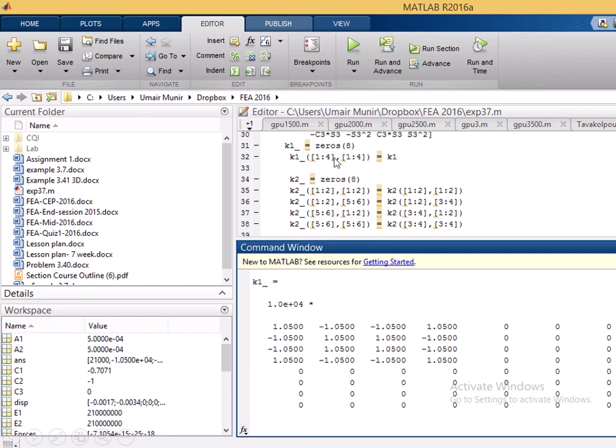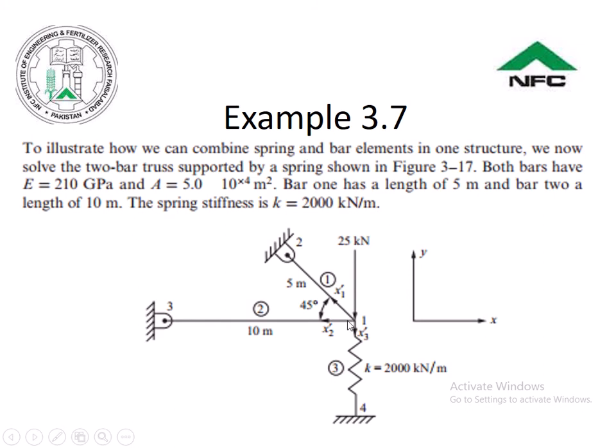Fit the local stiffness matrix into this K1 underscore matrix. If you see in this figure, element 1 has two nodes. Node 1 has two displacements, u1 v1, and node 2 also has two displacements, u2 v2.